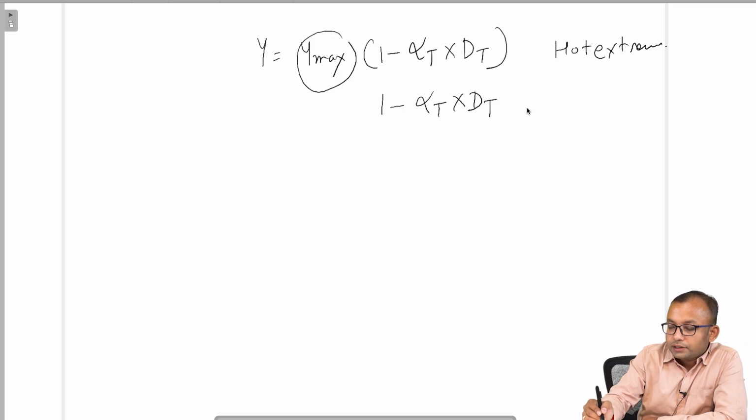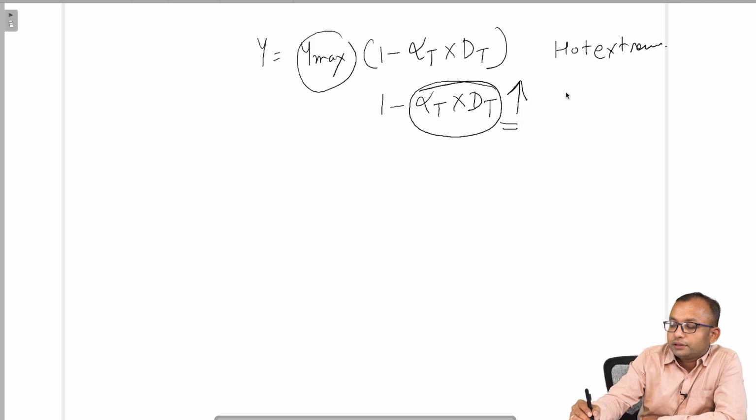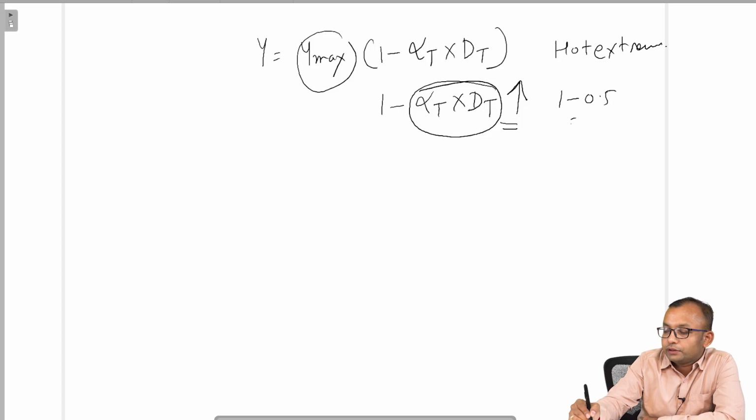As this dt will increase, this term will increase, and you will have a lower value, because let us say if it is close to 0.5, you will get 0.5. If it is, let us say, increasing 0.6, you will get 0.4. If it is further increasing, let us say 1.7, it is 0.3.